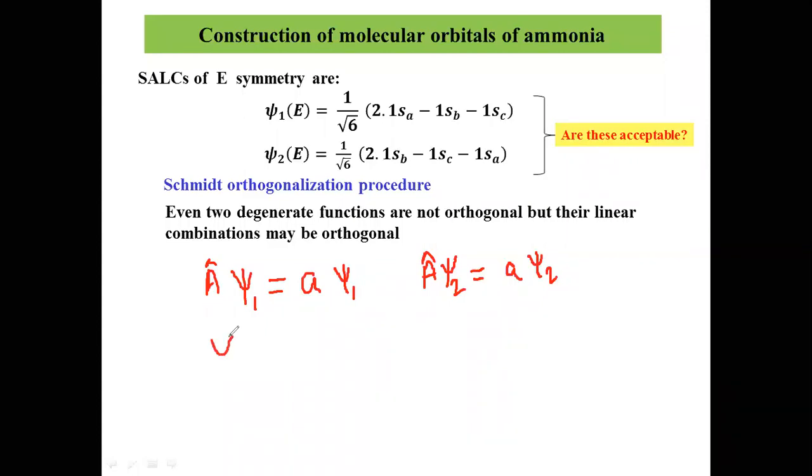One is psi1 itself, and the other function is a linear combination, which I'm calling psi2 prime, that is C into psi1 plus 1 into psi2. So I have the liberty to choose my coefficients.